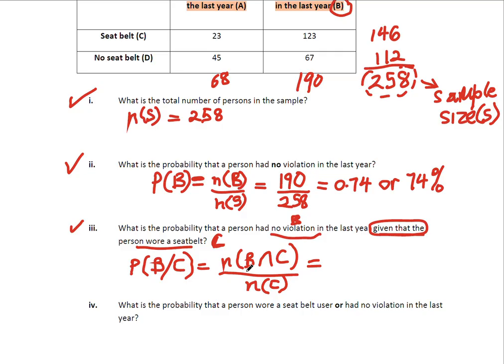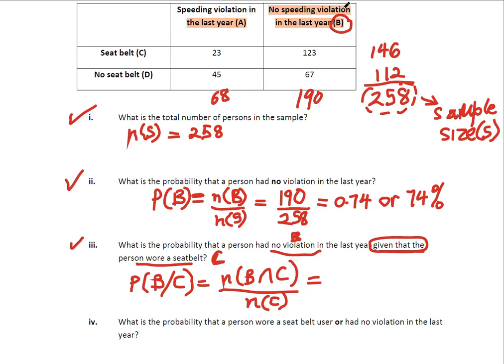The number of persons in B and C simultaneously, or together, which is the number of persons who had no speeding violations and also wore a seatbelt, is 123. This 123 represents the number of persons who satisfied two conditions: wearing a seatbelt and having no speeding violations.